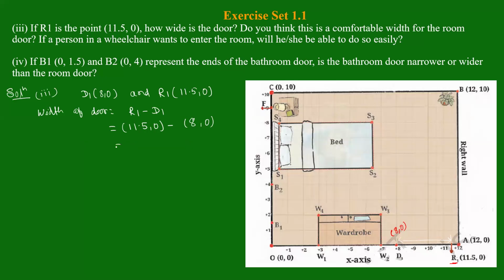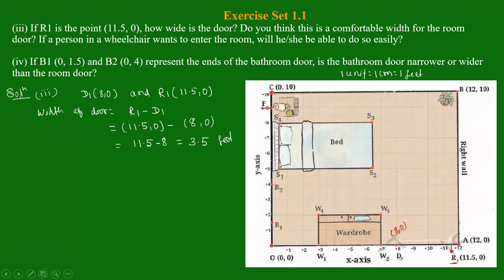So simply here we'll have 11.5 minus 8. So this is how much? 3.5. Here the scale we are taking is 1 unit or 1 centimeter equal to 1 foot. On the basis of that, we can write 3.5 feet.